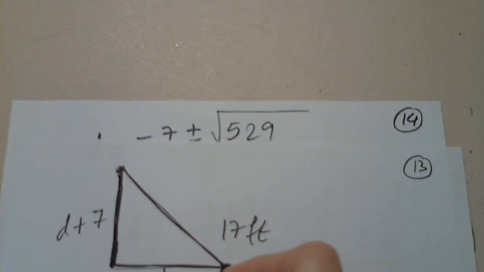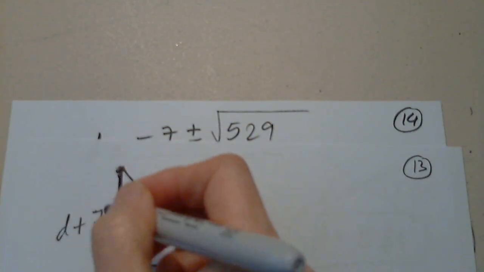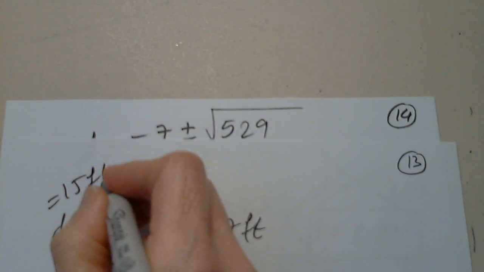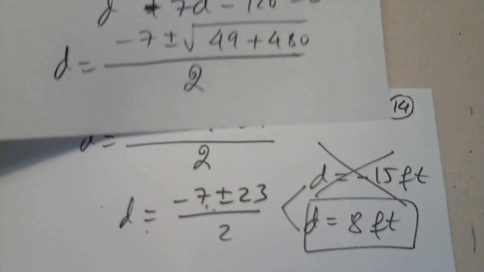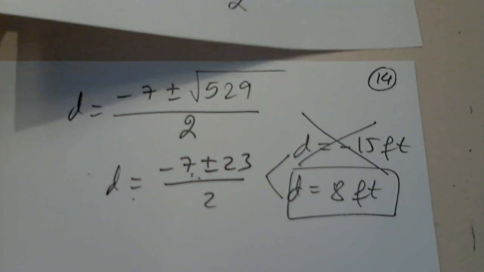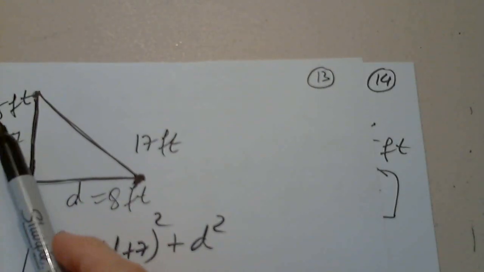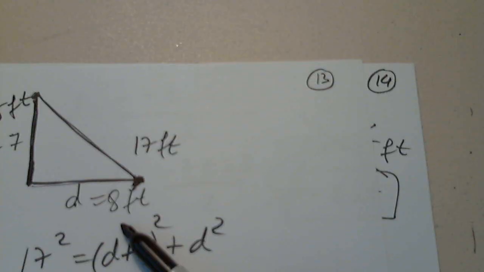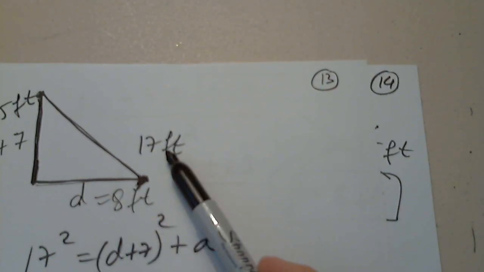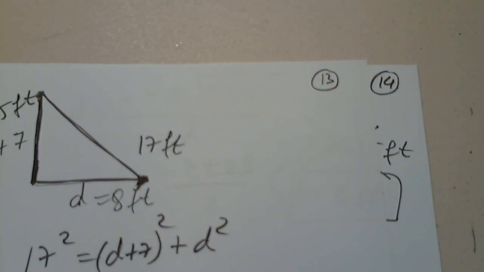So if the distance from the base here is 8 feet, then the tower is 15 feet. How would you check? When you square 15 and square 8 and you add them up, you have to get 17 squared. Otherwise, something is wrong.